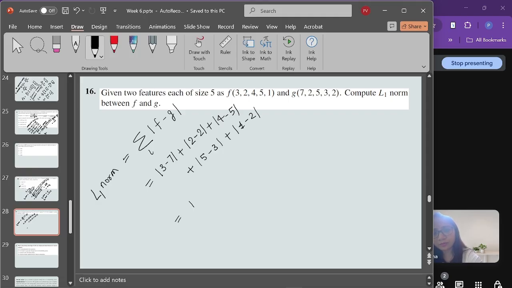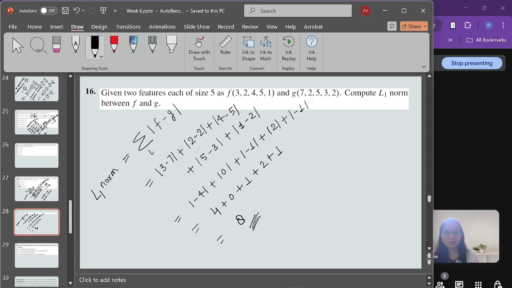Here you will get minus 4, plus 0, plus minus 1, plus 2, plus minus 1. Taking absolute values, 4 plus 0 plus 1 plus 2 plus 1. If you add all those values you will get 8. The L1 norm between F and G is 8. So the answer is 8.